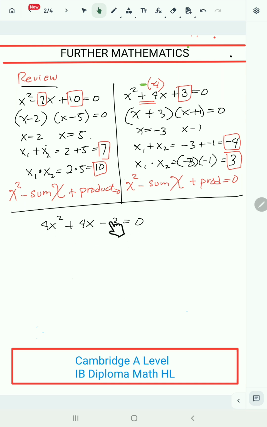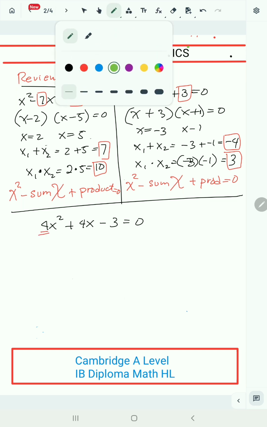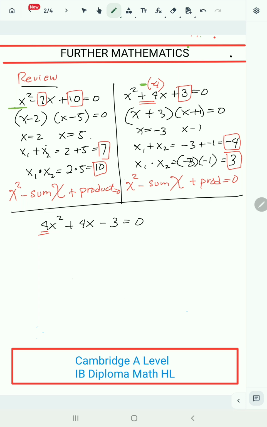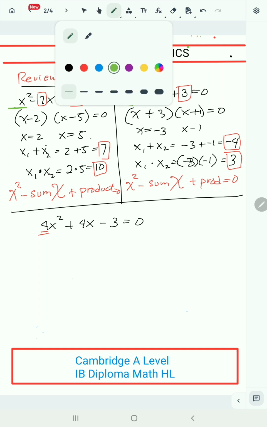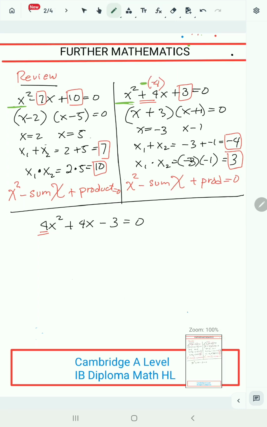Let's look at example number 3. In this example, as you notice, there is a number in front of x squared, unlike our first example, where there is none, only 1. But this one has 4. So let's try to solve this one.